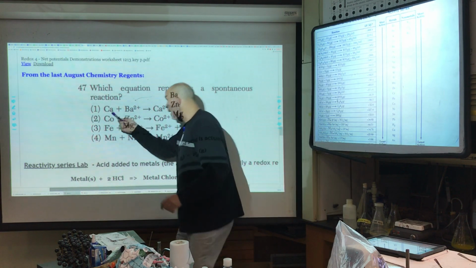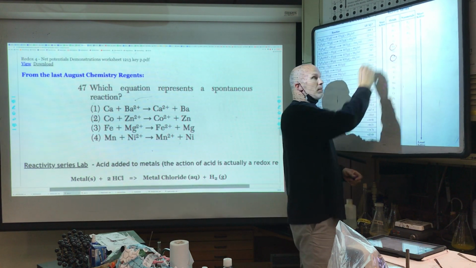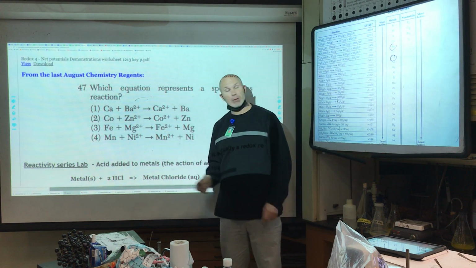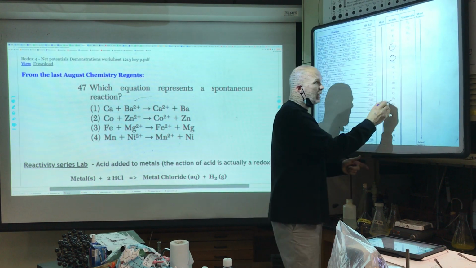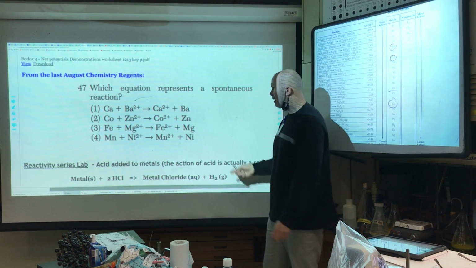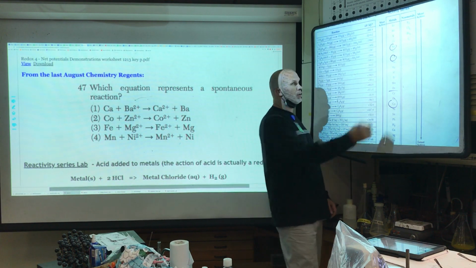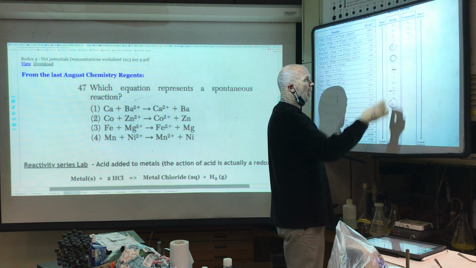is calcium higher than barium? Here's calcium, but it's not higher than barium. The one who oxidizes on this list has to be higher. So no. Is cobalt higher than zinc? Cobalt is not higher than zinc. Is iron higher than magnesium? I know for sure, magnesium is pretty reactive, so iron's not higher than that.